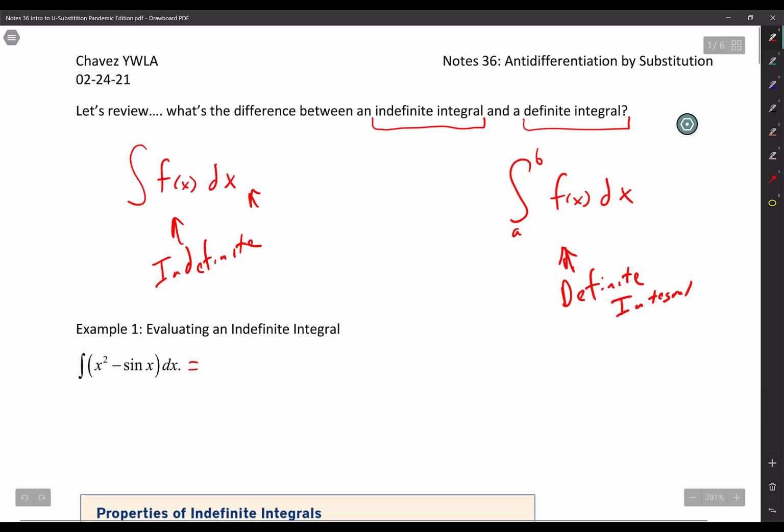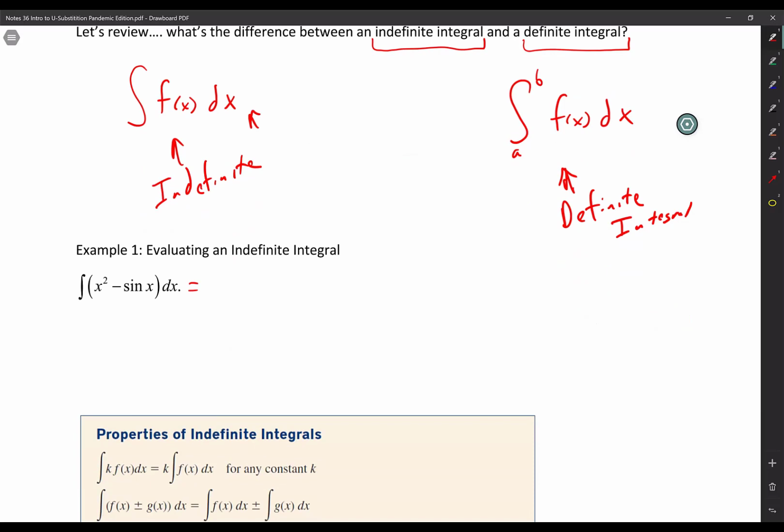Okay. All right. So the next question, guys, it says integral of x squared minus sine x dx. This is an indefinite integral. So we're just going to take antiderivative. That's all we're going to do, guys. Antiderivative of x squared is x cubed over 3. Oh, here comes the tricky one. Antiderivative of sine x.